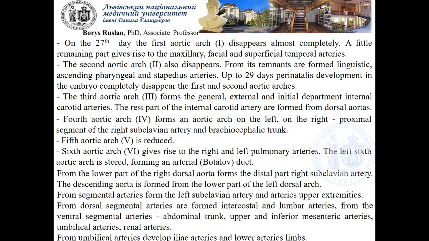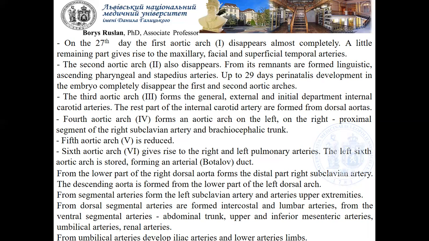Up to 29 days, in the embryo the first and second aortic arches have completely disappeared. The third aortic arch forms the common carotid and the initial part of the internal carotid arteries. The rest of the internal carotid arteries are formed from the dorsal aortas.